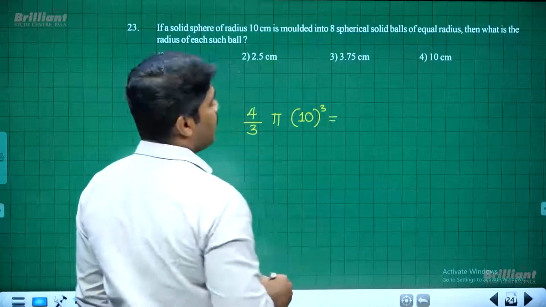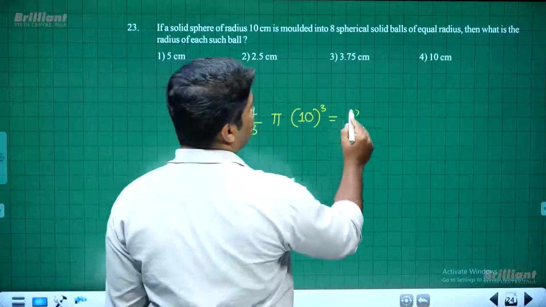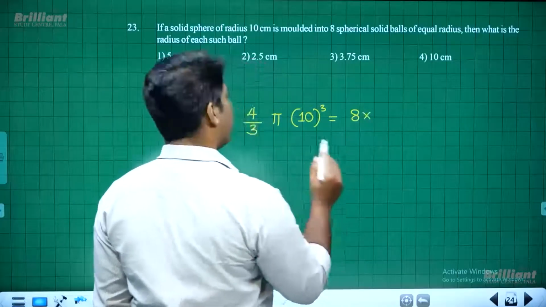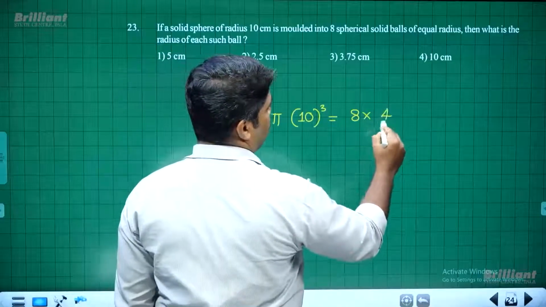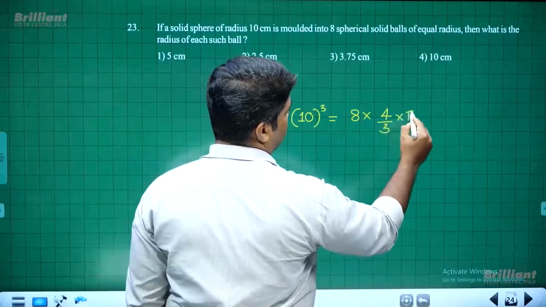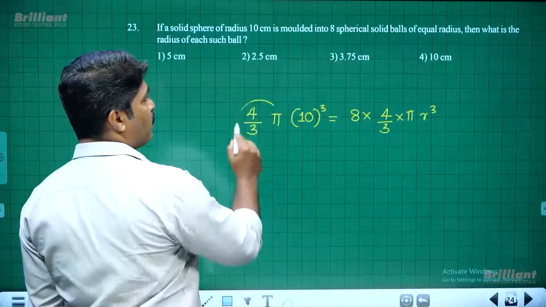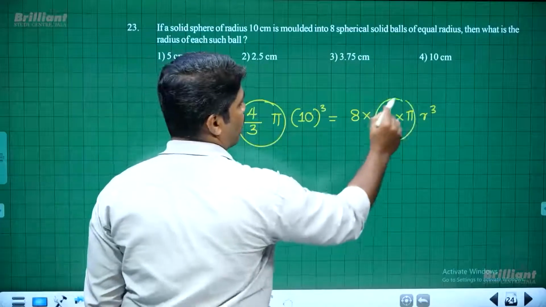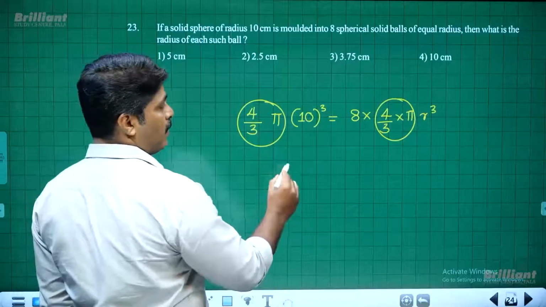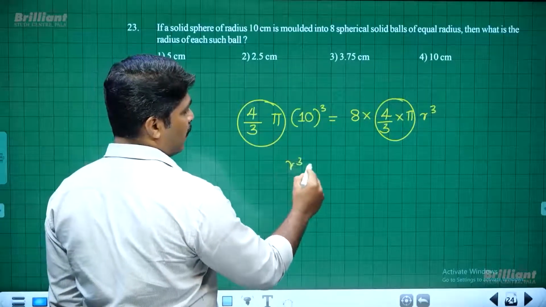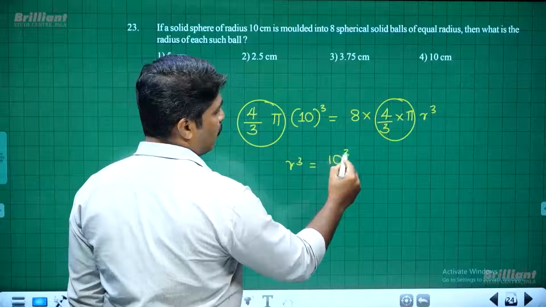We are splitting it into 8 small spherical balls, so their volumes are 4 by 3 pi r cube each. Observing these values, 4 by 3 pi and 4 by 3 pi, we can cancel them. So therefore r cube is 10 cube by 8.